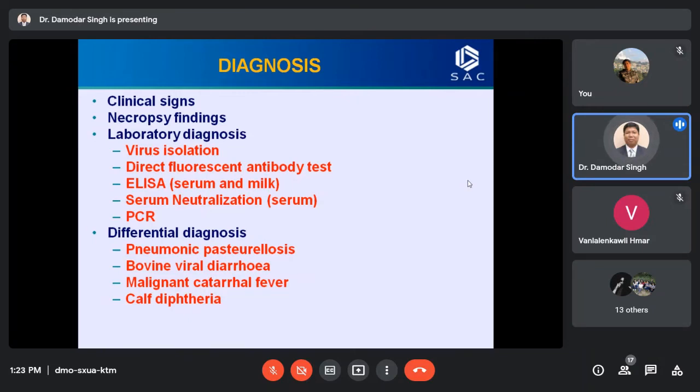Then finally, the differential diagnosis. This disease may have similarity in signs and symptoms or lesions with some diseases like pneumonic pasteurellosis, which we have already discussed, bovine viral diarrhea, malignant catarrhal fever, as well as cough diphtheria. Okay, so that is all about this disease, IBR.